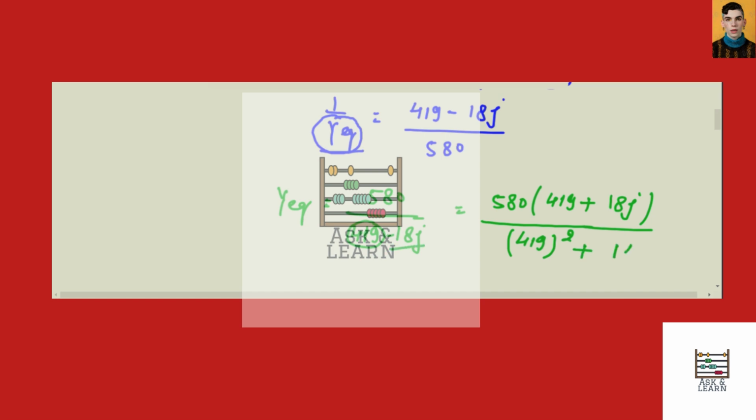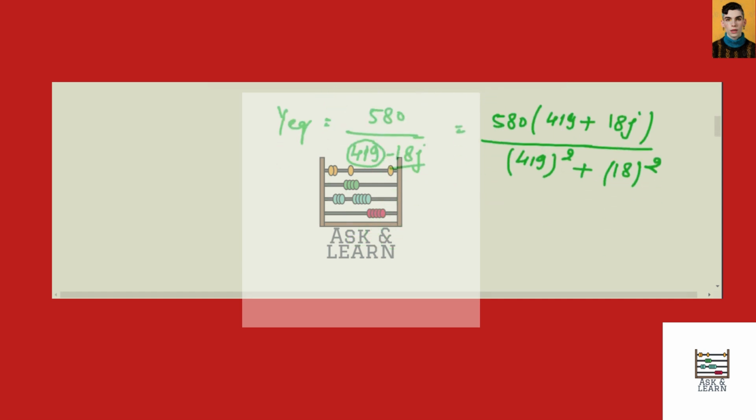If you simplify with the calculator, you will get Y equivalent equal to 1.38 plus 0.059J. So this is the final answer. This is our Y equivalent for the given circuit.